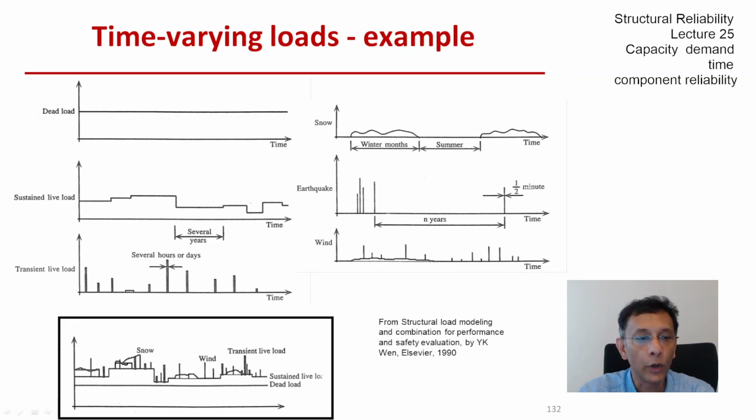There would be nonlinearities involved, depending on the material behavior and the geometric properties of our system. So we need to combine them, but we need to be careful how we combine them. That would give us the entire load random process, and any time variance would be captured that way.